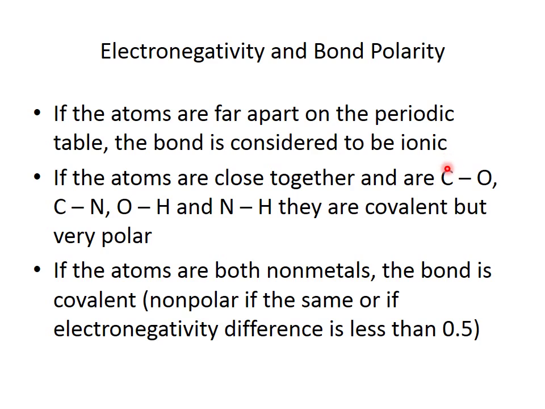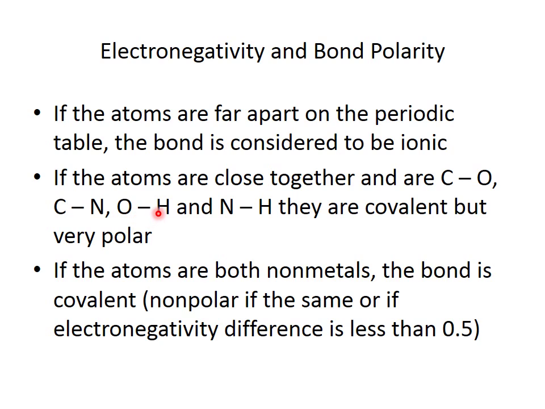For instance, carbon has a value of 2.5 and oxygen is 3.5. There's an electronegativity difference of 1. This is a very polar bond. Carbon has an electronegativity value of 2.5 and nitrogen 3.0. It is a relatively polar bond.